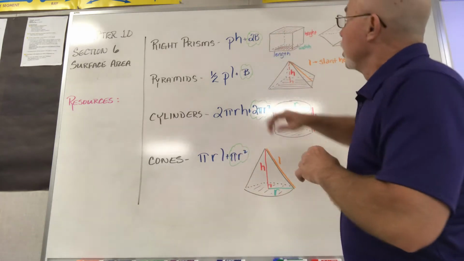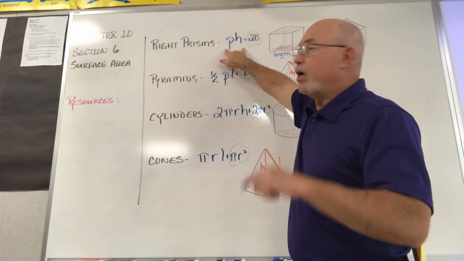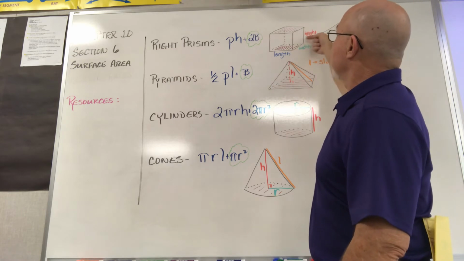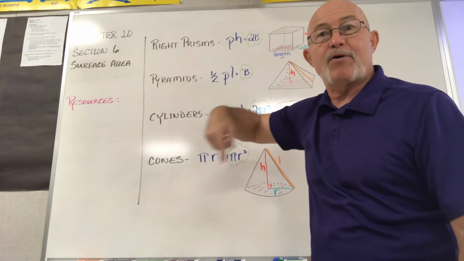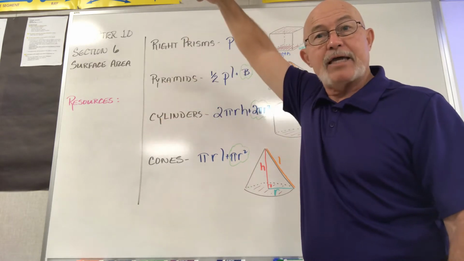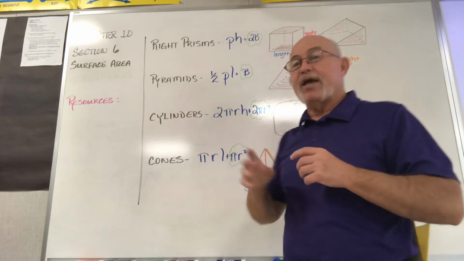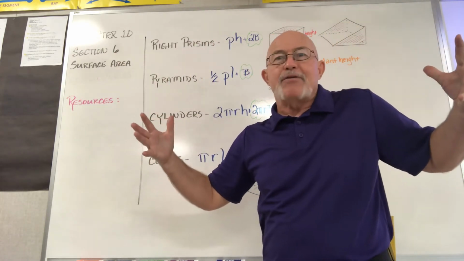When we look at a lateral area, we say length times height, width times height, the back length times... It's easier just to say the perimeter of the base times the height. That's the lateral area. It works the same way as if you opened this all up and added all the rectangles together.